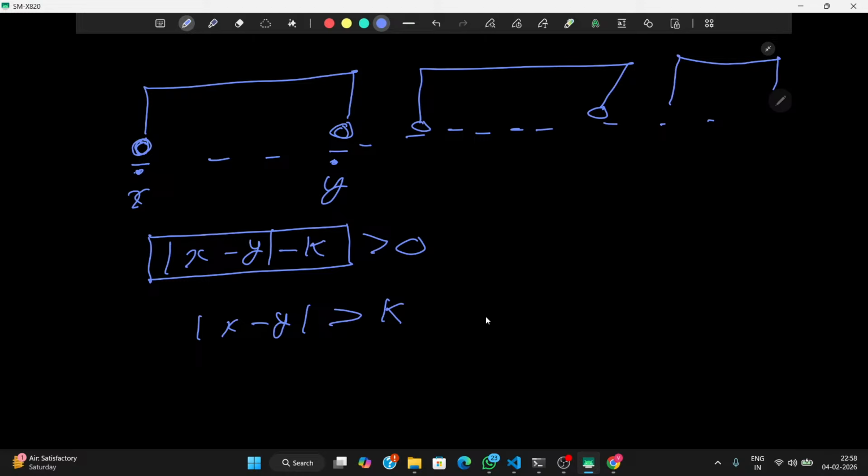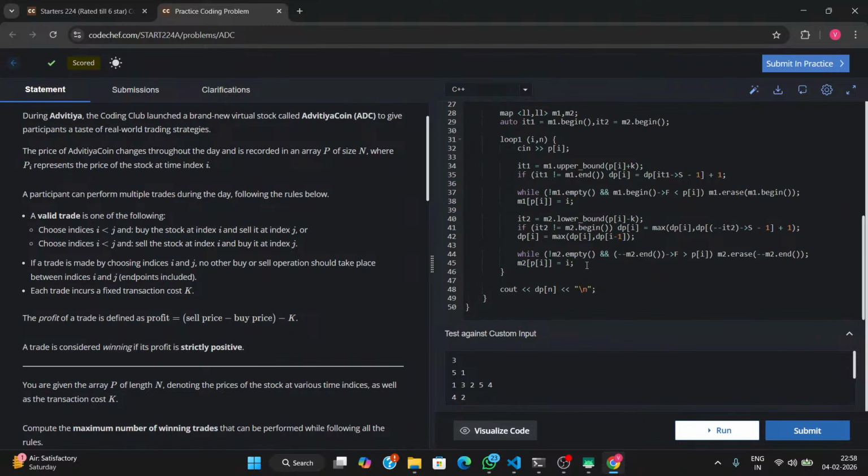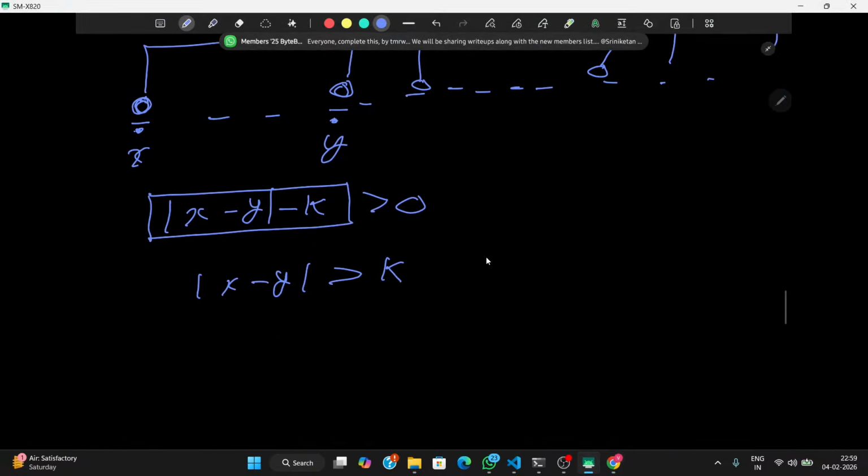So this is a standard DP problem. I heard that it was a LeetCode problem. There was a very similar problem in LeetCode. I did it in some complex manner, something like monotonic map stuff, but I'll tell you the easier and the basic solution of this.